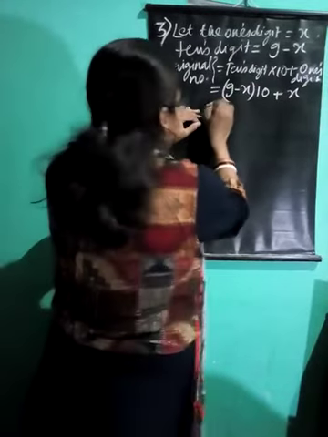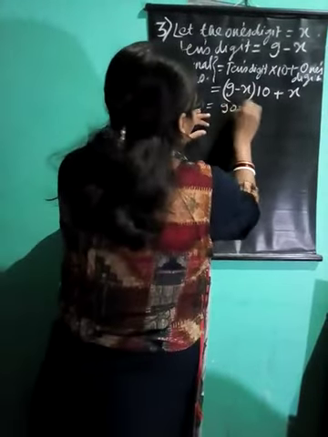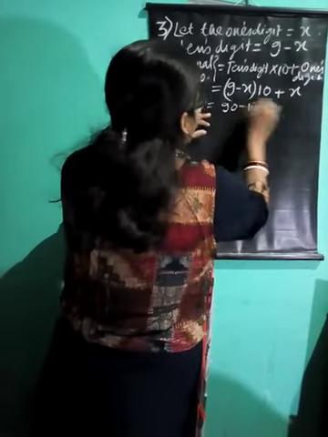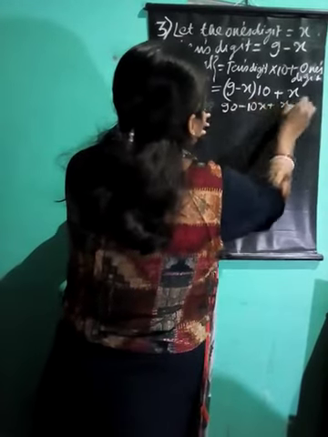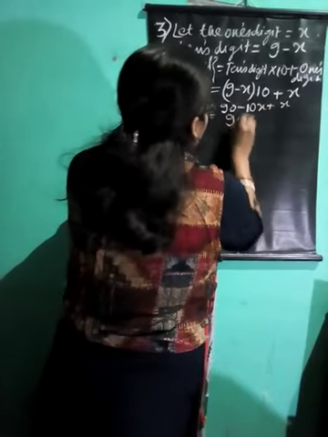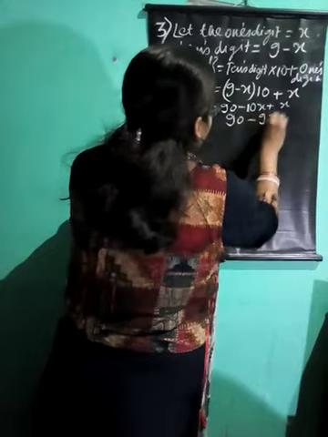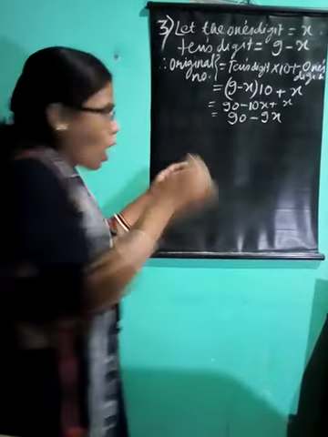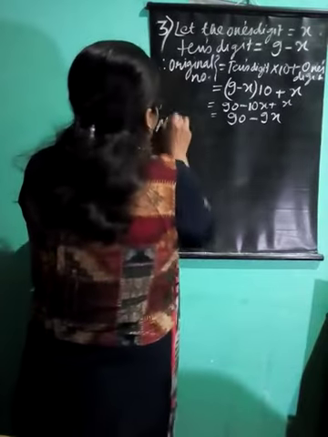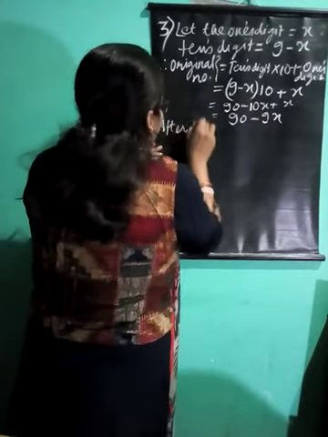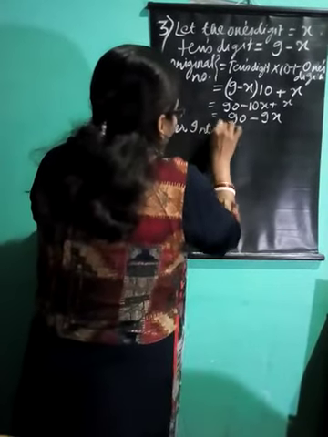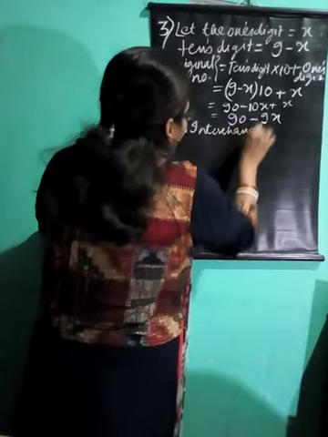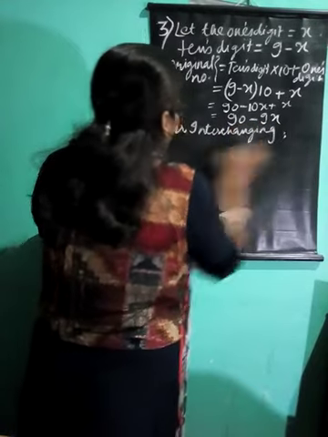Now, just expand it. You get 90 minus 10x plus x. That is, you get 90 minus 9x. This is your original number. Now, what is said? After interchanging the digits, what do you have?